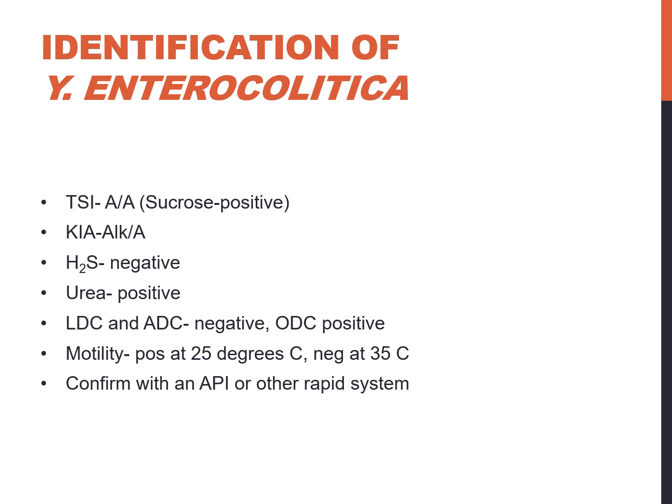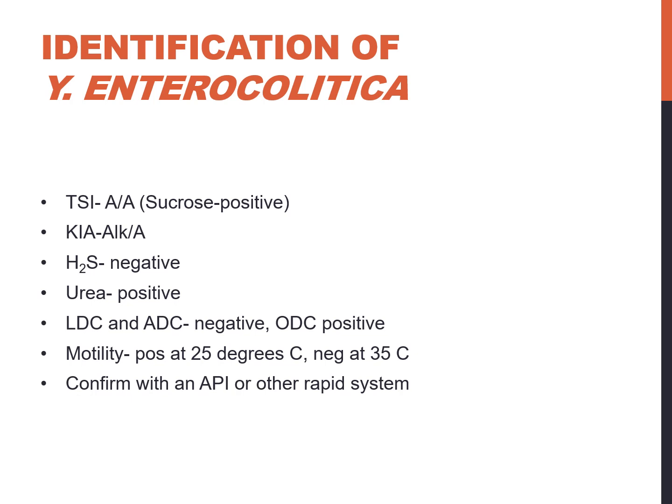When identifying Yersinia enterocolitica, we can look at its metabolic reactions to identify it down to the species level. It is a sucrose-positive organism, so the TSI is going to be acid over acid. The KIA, which only has two sugars, lactose and glucose, is going to be alkaline over acid because it's the sucrose that makes the TSI positive.